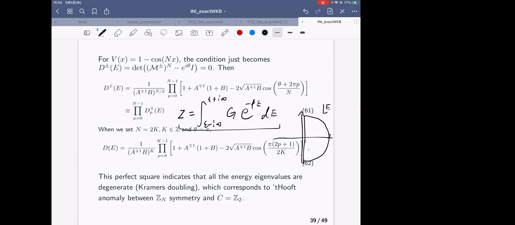However, in the case of a periodic potential, for example the Mathieu equation type, the potential is bounded above and below, so this integral contour is fixed at some point and does not go to infinity.